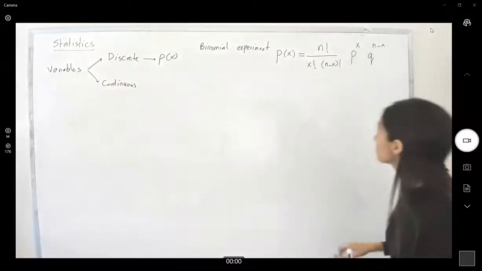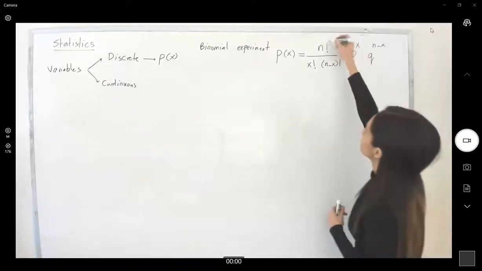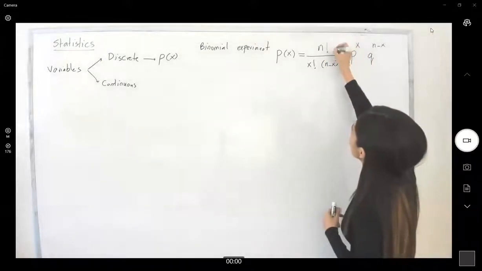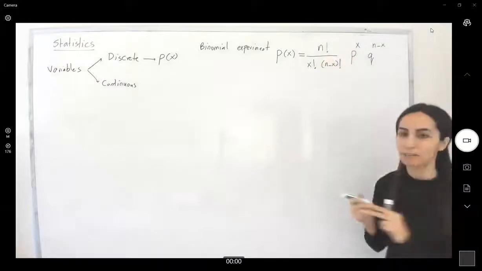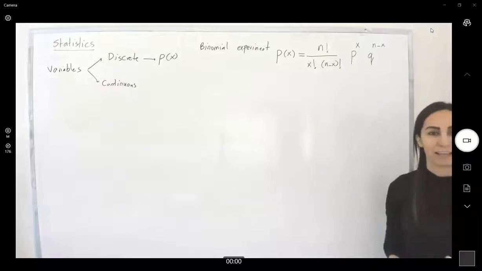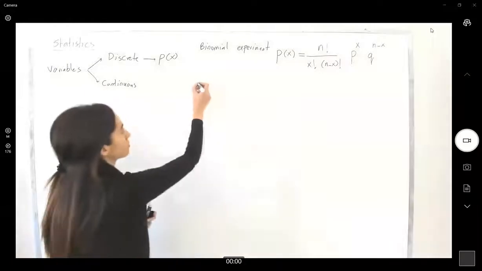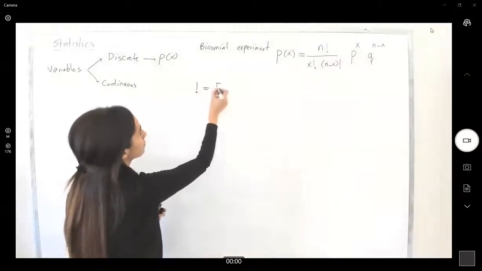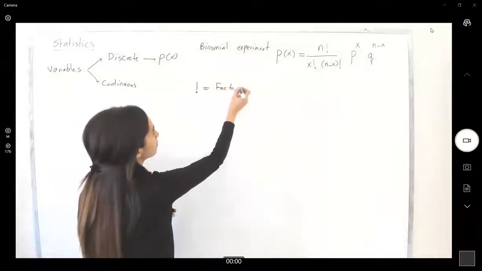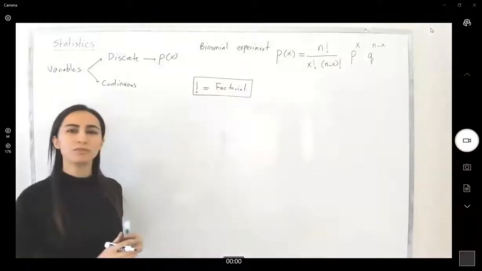So what is factorial? What is this symbol, the exclamation mark? In math, we call this symbol factorial. When do we use factorial?